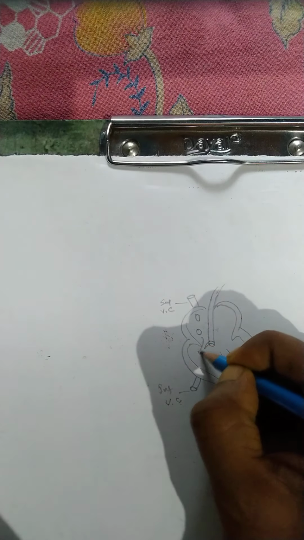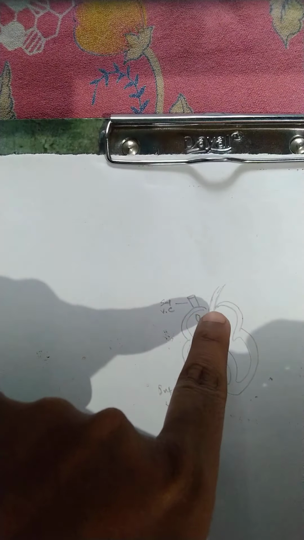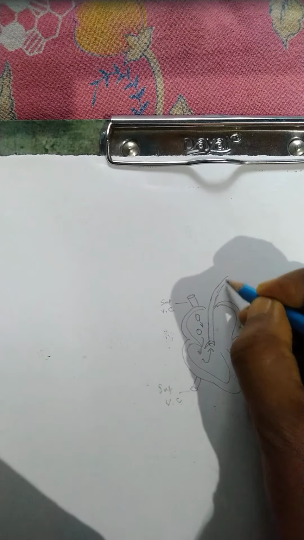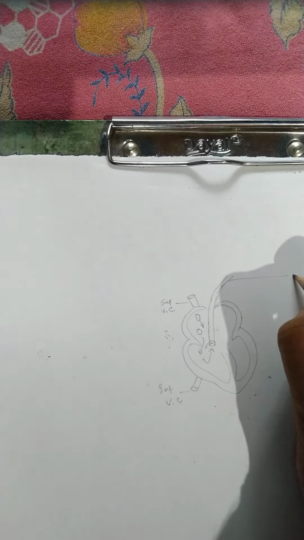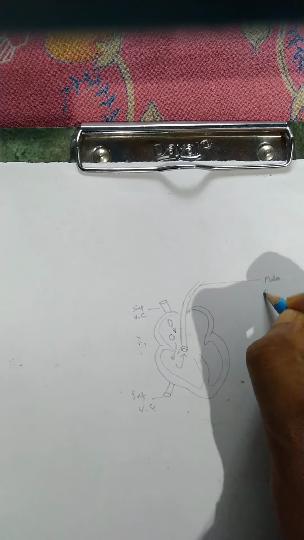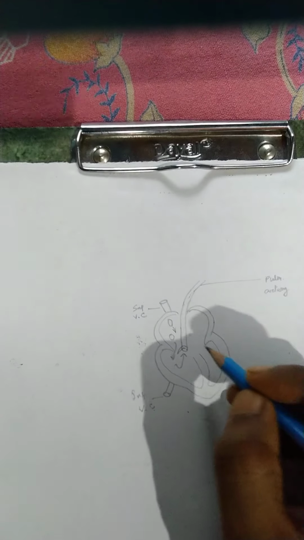This is the arrow from where blood comes, and it goes through this particular way. Deoxygenated blood goes through the pulmonary artery. Okay, clear? This is the pulmonary artery. Clear about that.